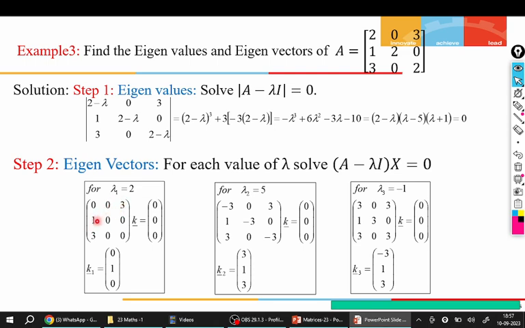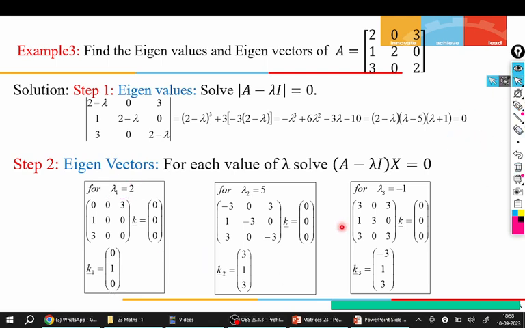Any two equations you take, you get x1 and x3 as 0. So only x2 is left, so you take x2 equal to t here. For lambda equal to 2, we do not have an equation for x2, so x2 is taken as t, with t equal to 1. So you get the vector (0, 1, 0). That way we got an eigenvector here.